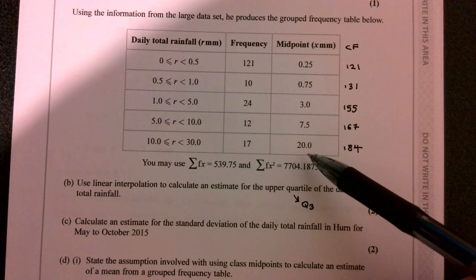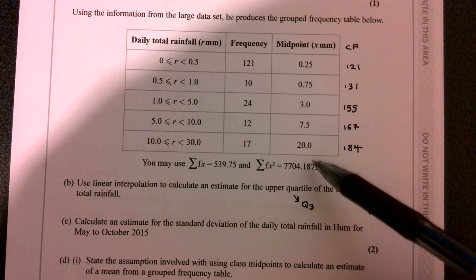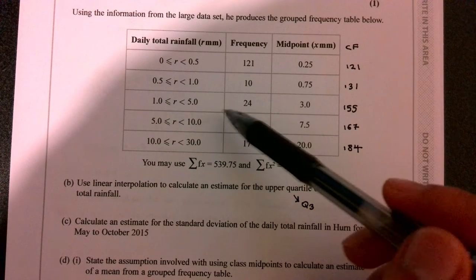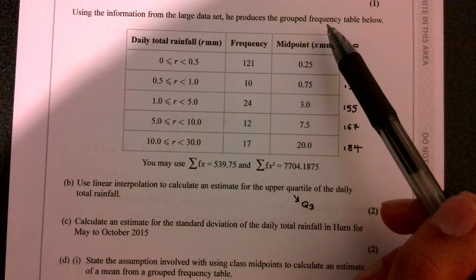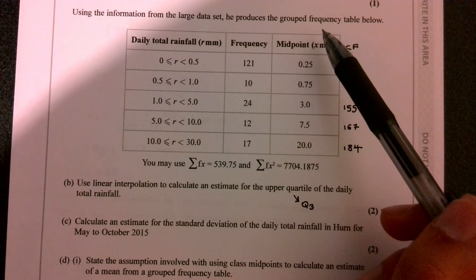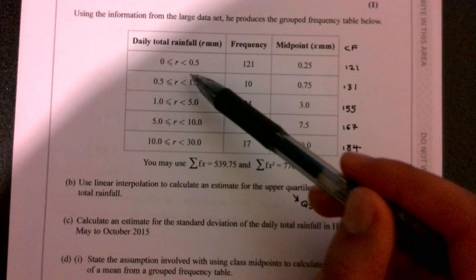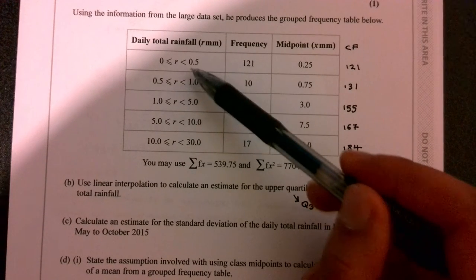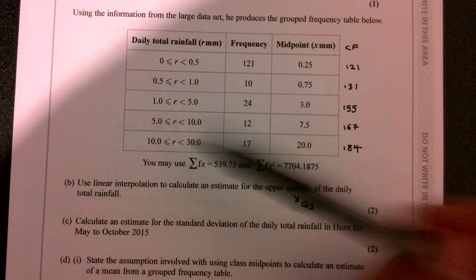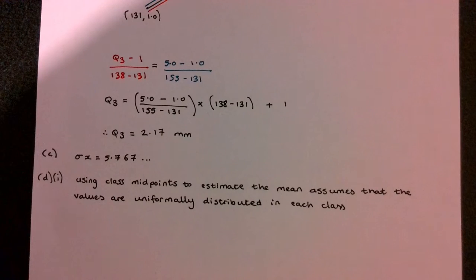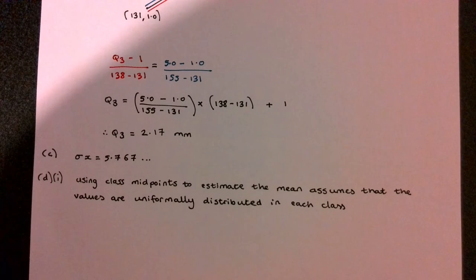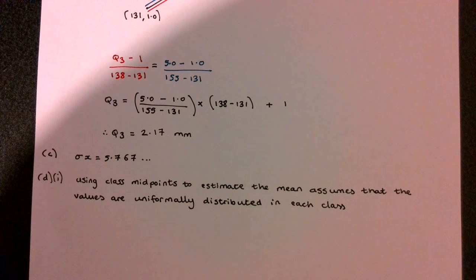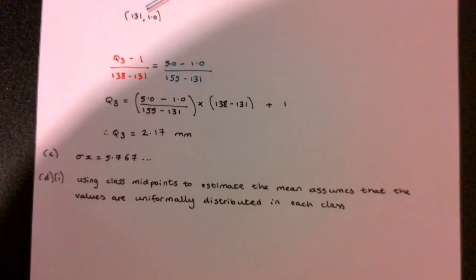And if we use midpoints to estimate the mean from a group frequency table, we assume that these values are evenly distributed across each category. So in terms of what that means for an answer we should put down, using class midpoints to estimate the mean assumes that the values are uniformly distributed in each class.